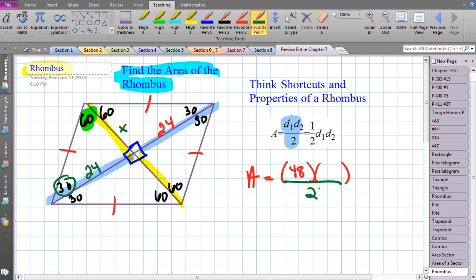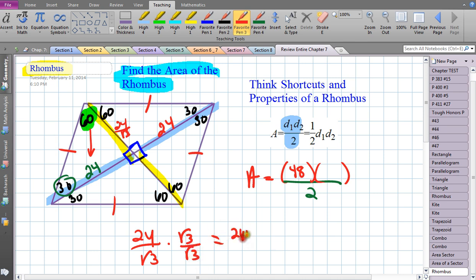So your knowledge of the 30-60-90 shortcuts has to pop right into your brain. When we see that the middle side, the side opposite the 60, is 24, and we're trying to get the 30, we should know that we have to divide by radical 3 to go backwards in that shortcut. So when I take 24 divided by radical 3, I have to rationalize the denominator.